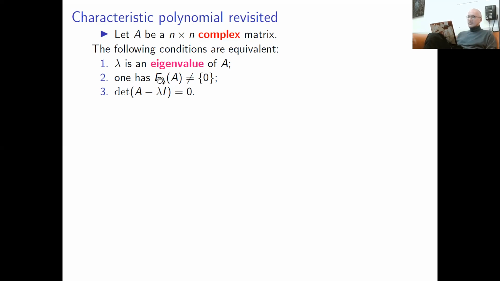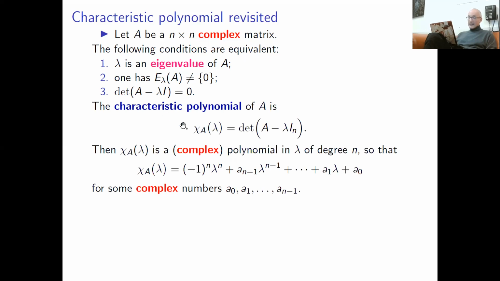And this is, of course, the same, since it follows more or less from the definition of eigenvalue, if the eigenspace is not zero-dimensional. The characteristic polynomial for a complex matrix is defined in the same way as for real. You take matrix A, consider lambda as a variable, subtract, A minus lambda identity, expand, get a formula, simplify, and then you get a polynomial in lambda of degree n.